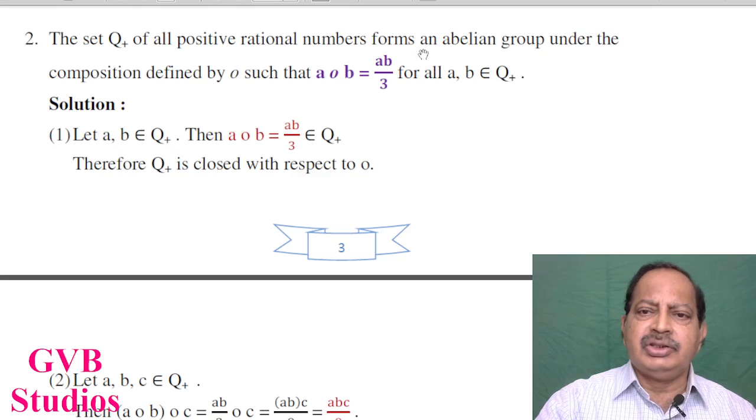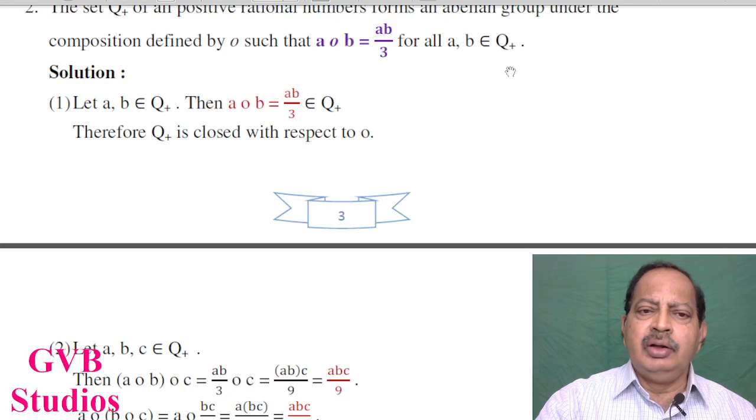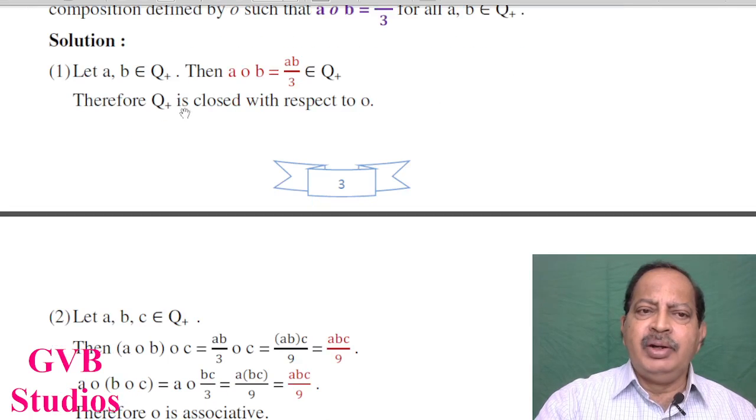Here it is asked in the question, we have to show that Q plus is an abelian group. So property 1. Let A, B belong to Q plus, then A circle B is equal to the product AB by 3 belongs to Q plus, because this is of the form P by Q, that is the general form of a rational number. So this is a rational number.